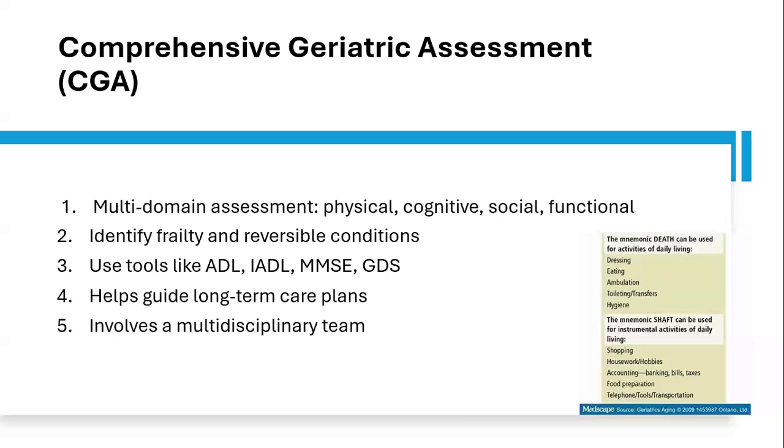And it uses tools like assessment of activities of daily living, instrumental activities of daily living, and it also assesses cognitive function and the patient's mental status, say using the geriatric depression scale. It also helps guide long-term care plans, and this involves a multidisciplinary team. Initially, this was started for the hospital setting, but now, of course, with modifications, this can be used in the general practice setting as well.